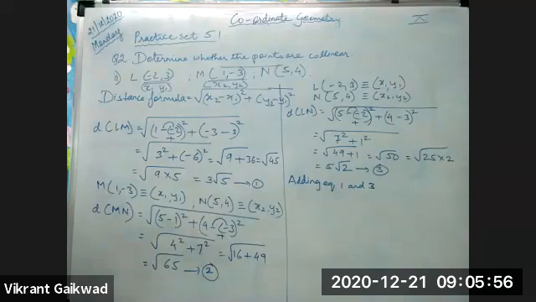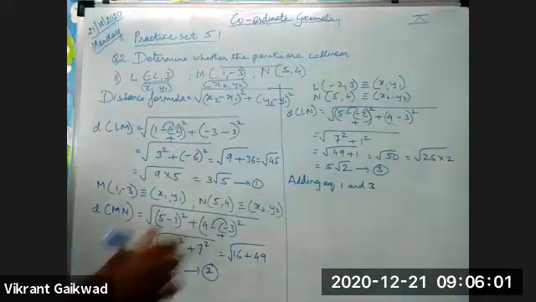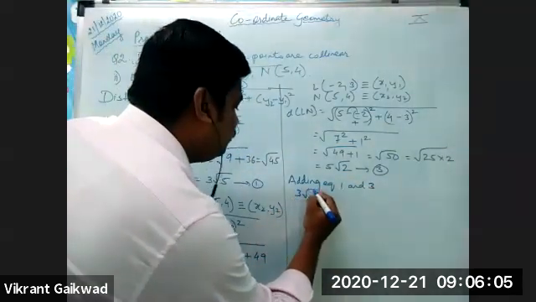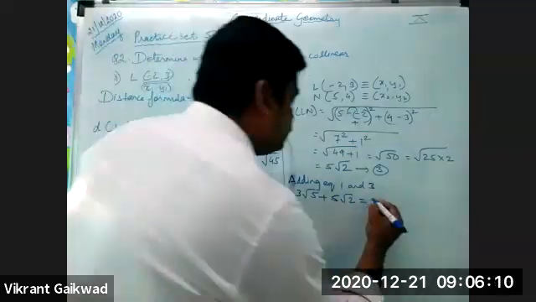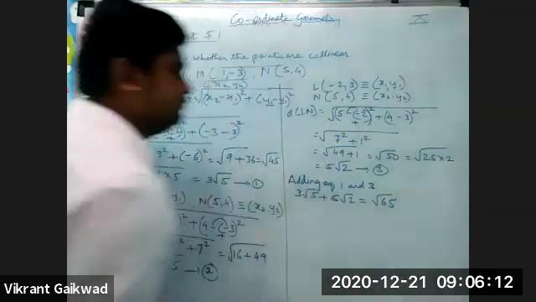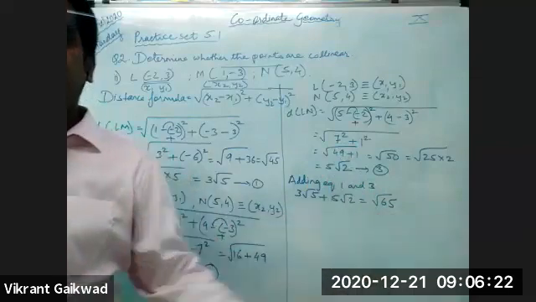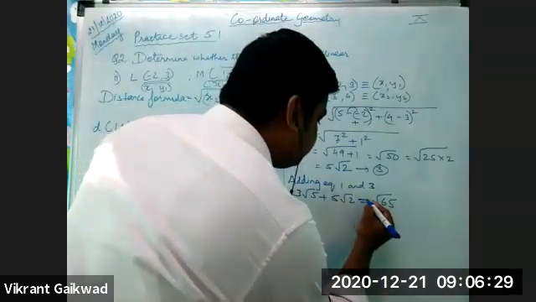Adding equation 1 and 3, you'll get 3 root 5 plus 5 root 2 equals to root 65. Now, can you tell me whether your left hand side and right hand side are equal? They are not equal.